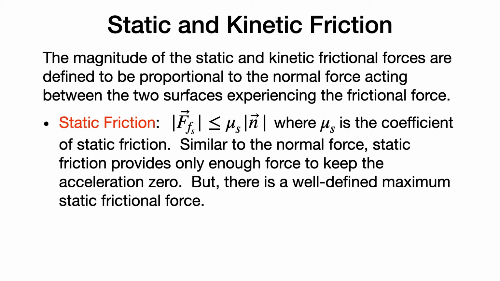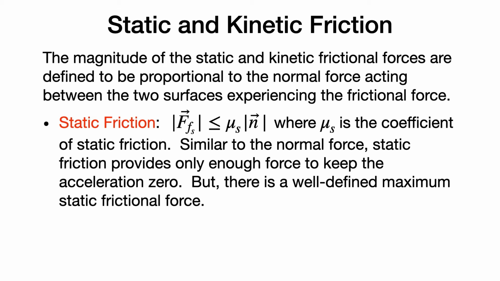But there is a well-defined maximum static frictional force that can be delivered. And that is demonstrated by the equation which says that the frictional force must be less than or equal to this quantity, which is the coefficient of static friction times the normal force.